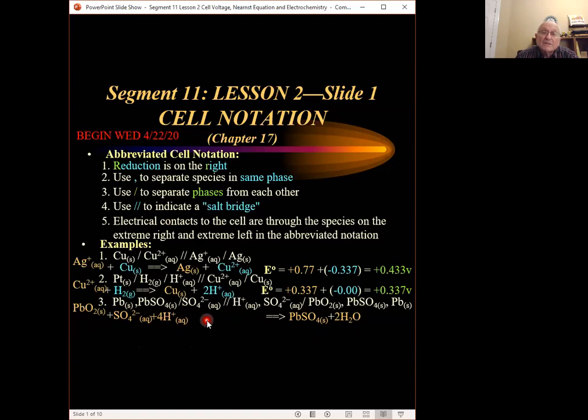So this is the reduction cell that we're showing on the right-hand side of our double line up here. And you see the reactants are lead dioxide and sulfate ion and hydrogen ion to make lead sulfate and water. There would be 2 electrons involved in that reaction.